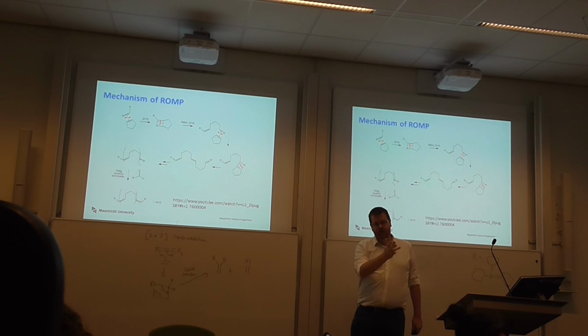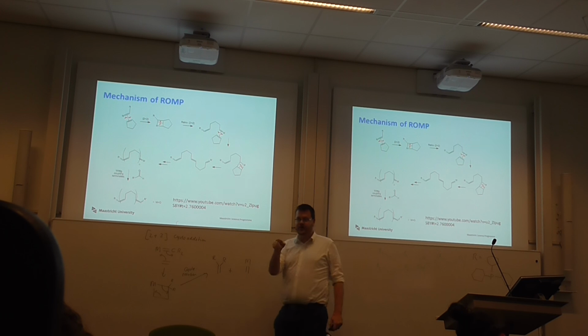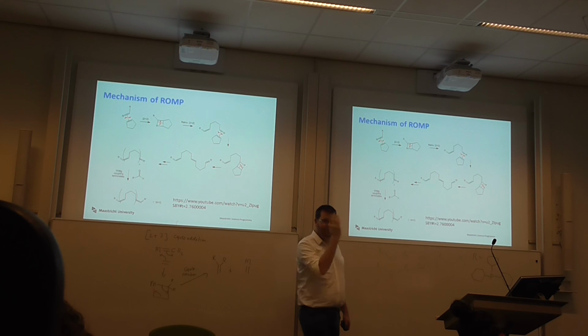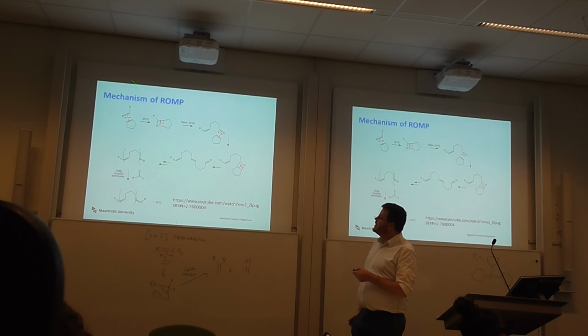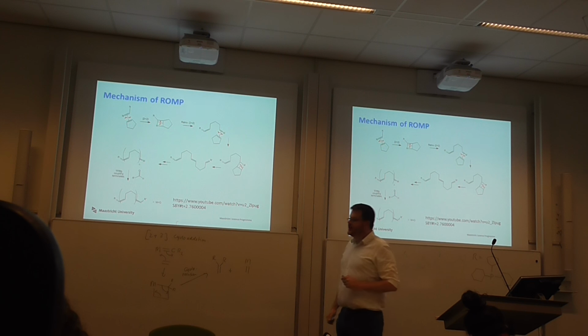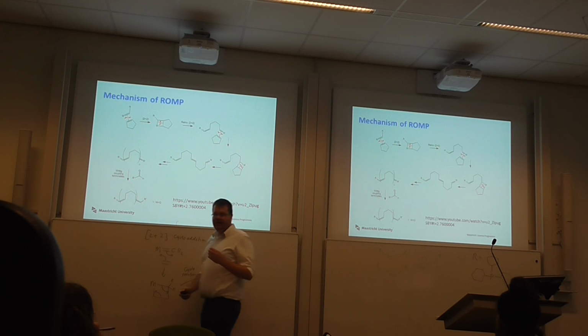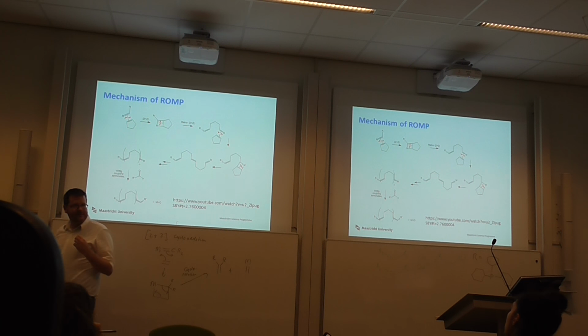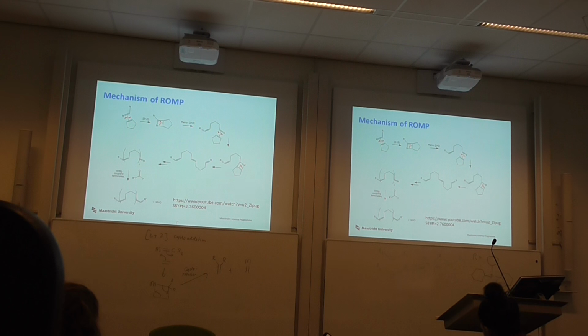So that's an important point. The mechanism is the same, but whether it goes in the direction of polymerizing, like we see here, or ring opening, or, as you say, an intramolecular process, is dictated by ligand design: electronics, sterics, and so on, and concentration.